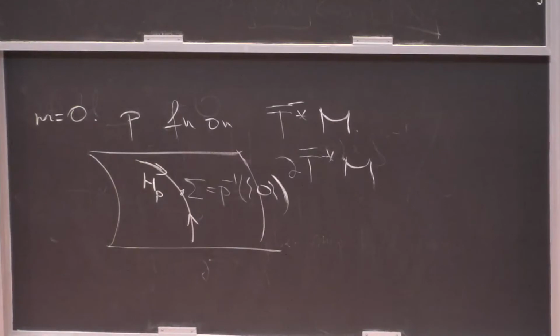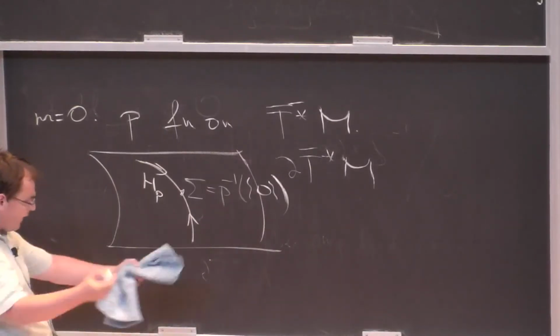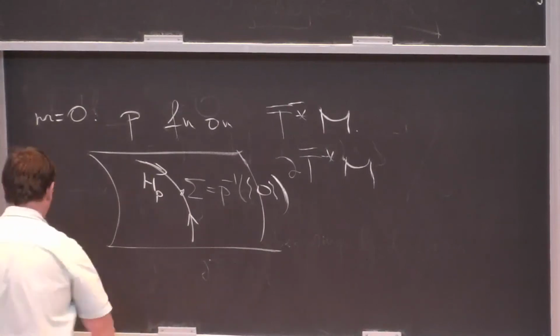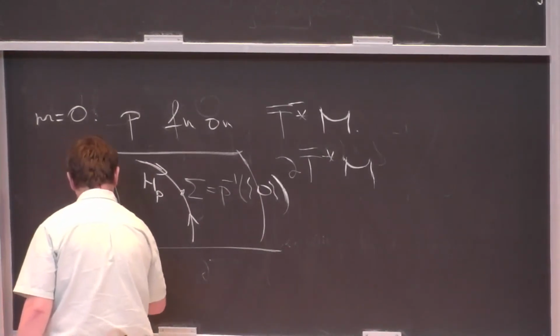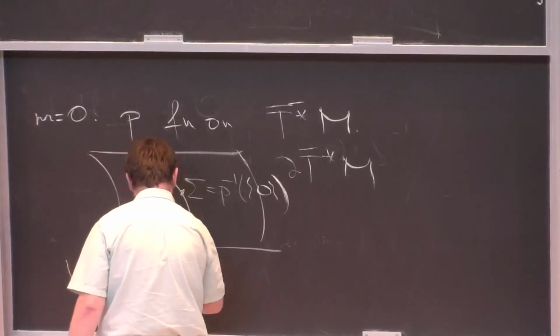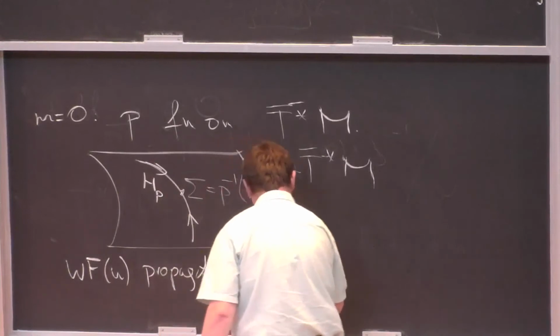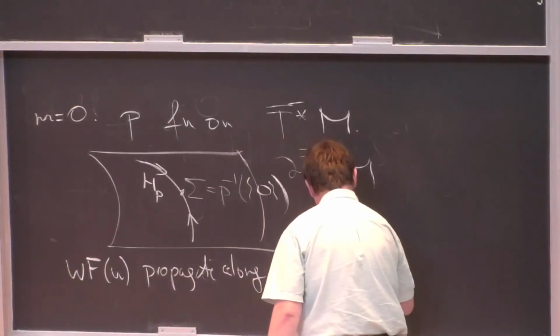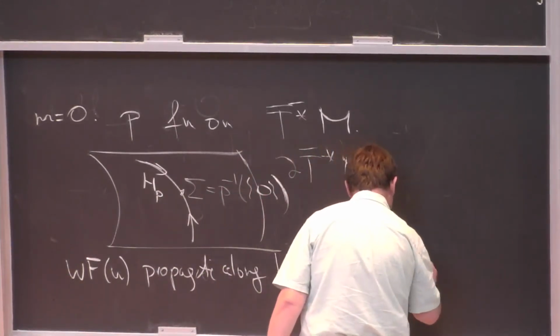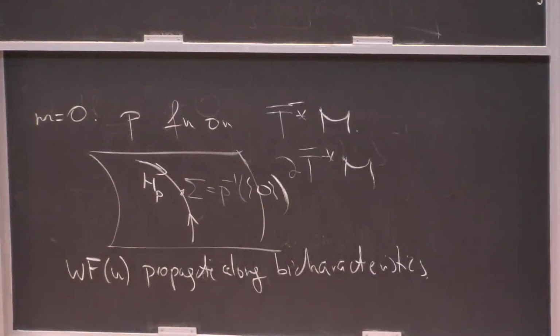And then the basic phenomenon will be that estimates or wavefront sets propagate, or estimates propagate along bicharacteristics. And the slightly more precise version, so it's the Hörmander, Duistermaat-Hörmander theorem.